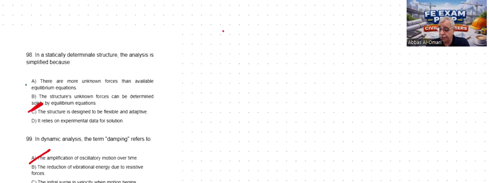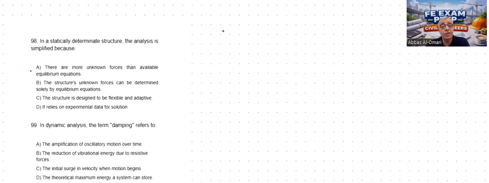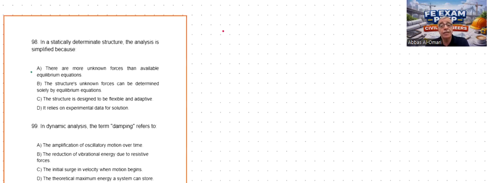In statically determinate structures, the analysis is simplified because we can analyze the structure by the three equations of static equilibrium: sigma Fx equal to 0, sigma Fy equal to 0, and summation of moments equal to 0.